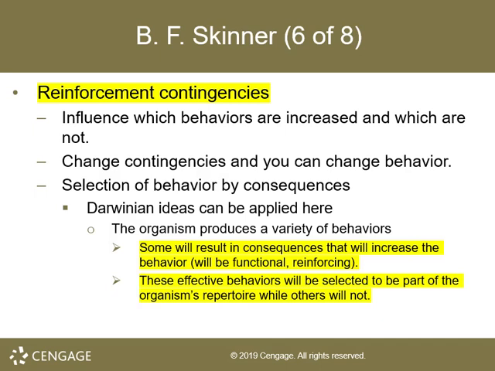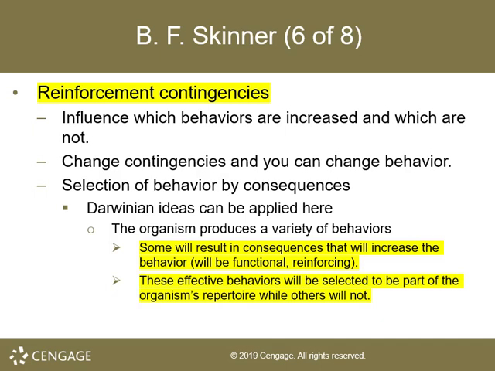Darwinian ideas can be applied here. The organism produces a variety of behaviors. So think about it from what we've talked about when it comes to evolution. There's a variety of behaviors that we produce. Some will result in consequences that will increase the behavior. That means things are being reinforced.